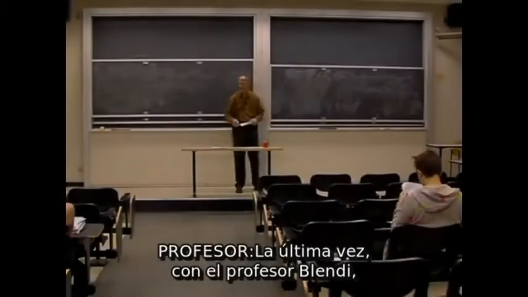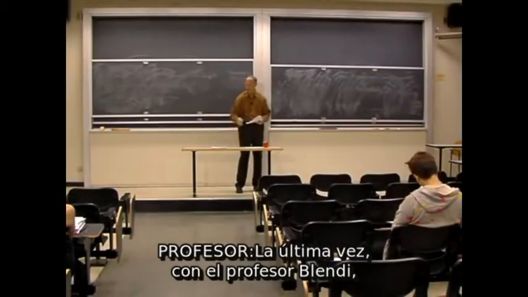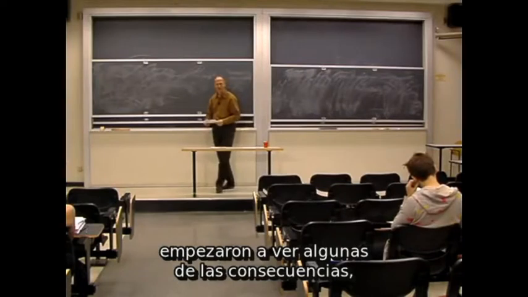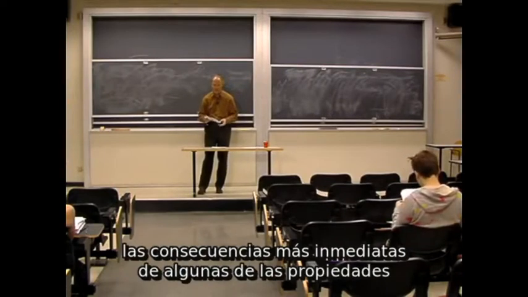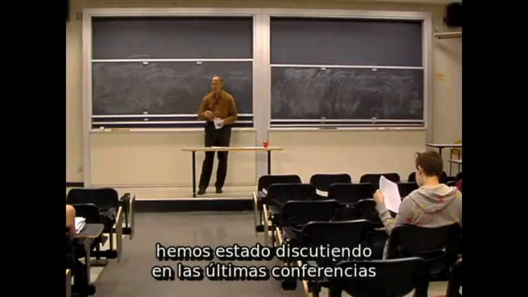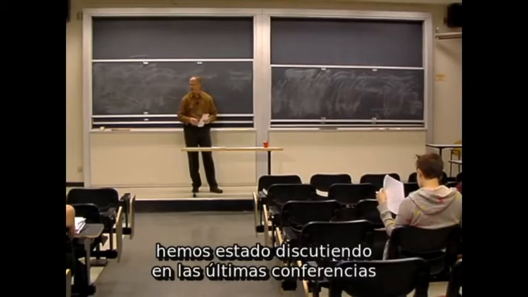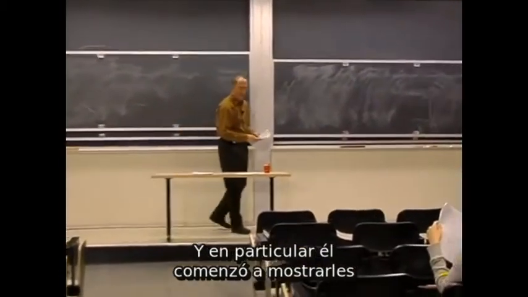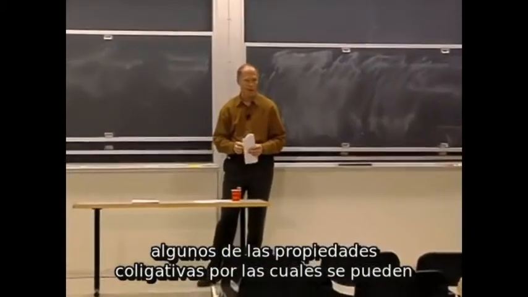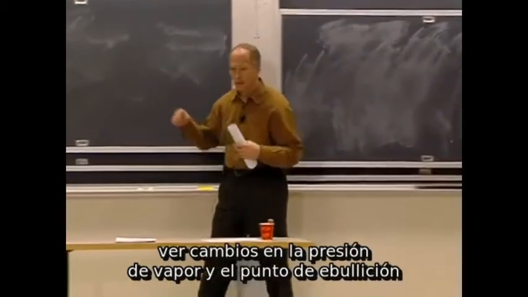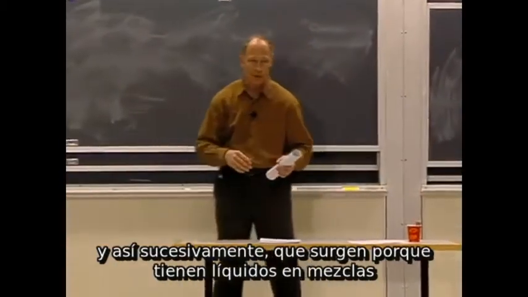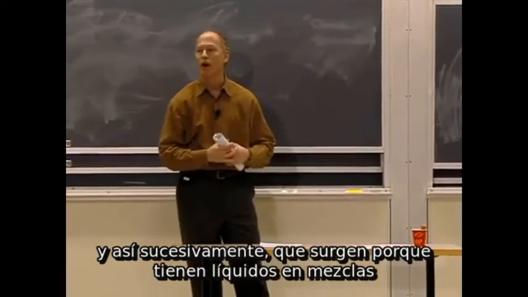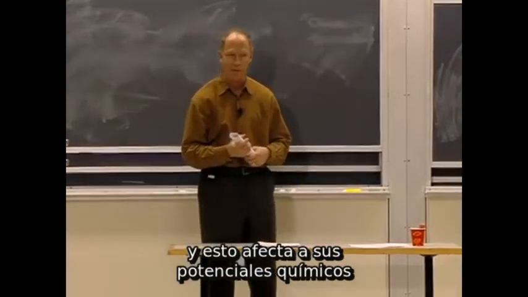Well, last time, under the tutelage of Professor Buendy, you started to see some of the more immediate consequences of some of the properties we've been discussing over the last few lectures of binary liquid mixtures. In particular, he started showing you some of the colligative properties, by which you see changes in the vapor pressure and the boiling point and so forth that arise because you've got liquids in mixtures, and this affects their chemical potentials.